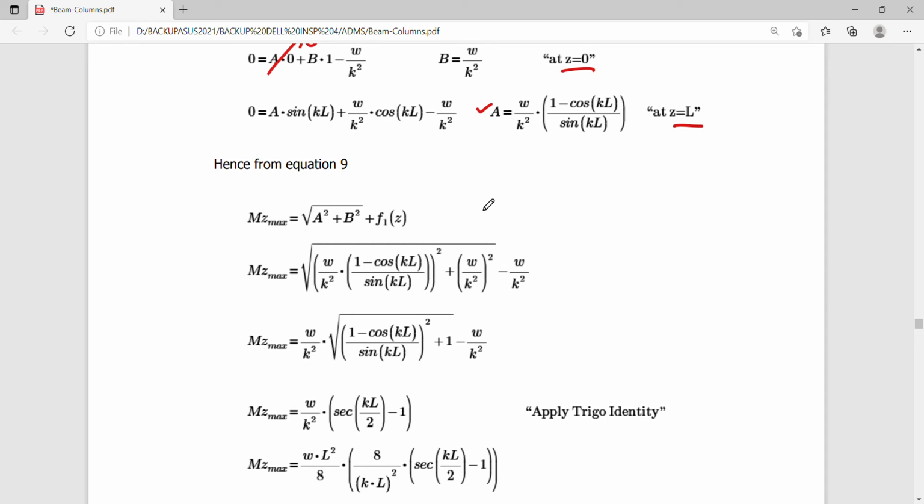Hence, from equation 9, we have now a derived equation a while ago equivalent to this, and substituting simply the values for each individual coefficient a, taking the square root of that, so we just insert a here, taking the square, plus b, which is this, take the square, then minus outside of that squared sign of your particular solution, w over k squared.